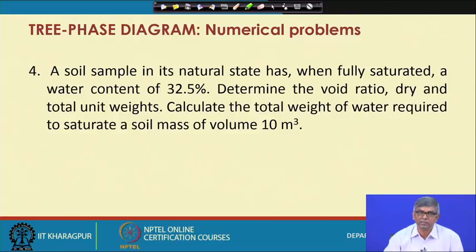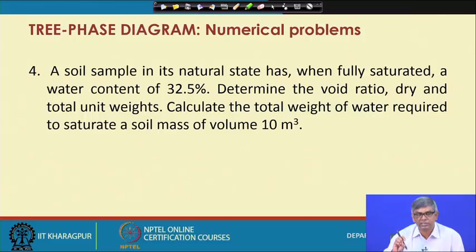So, that means two things are given, and GS can be assumed, which is not given; most of the time it will be given, and since it is not given, I can assume 2.70. So, only here I have got water content at saturated condition. Saturated condition means SR equal to 1 and W equal to 32.5%.